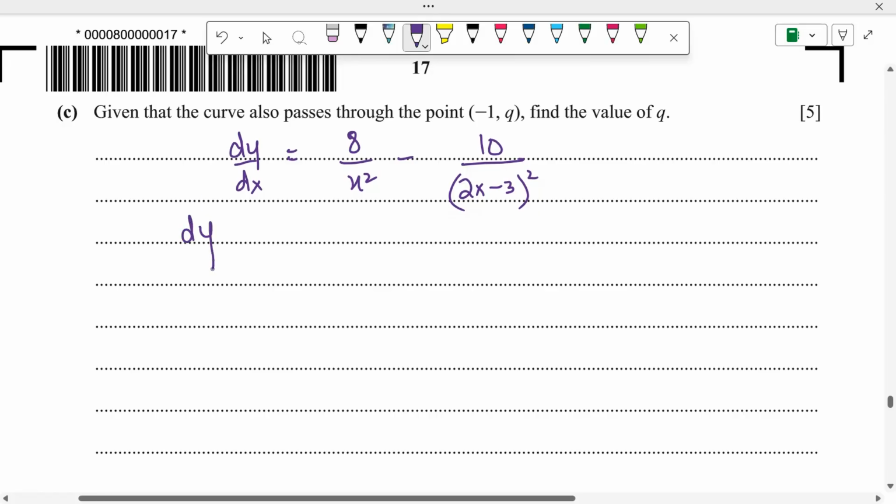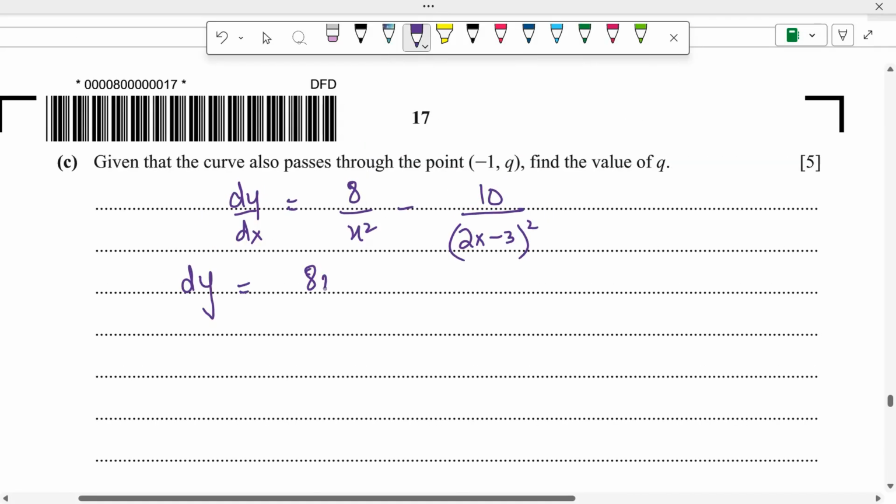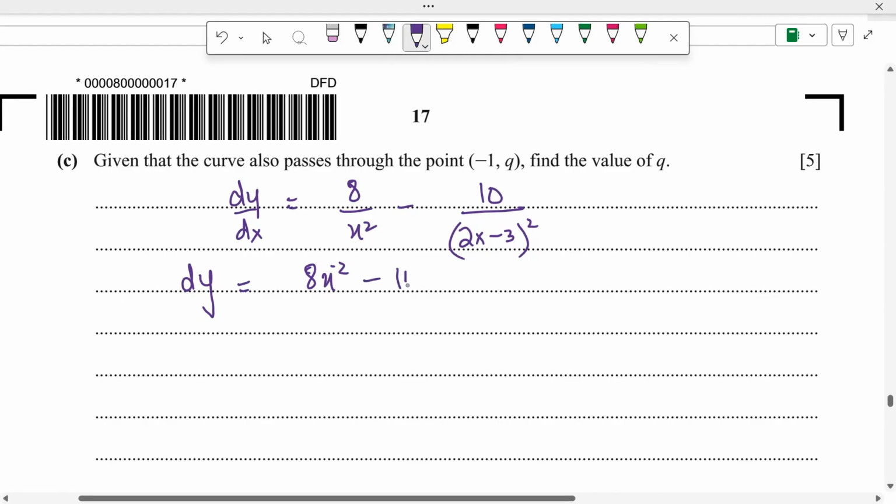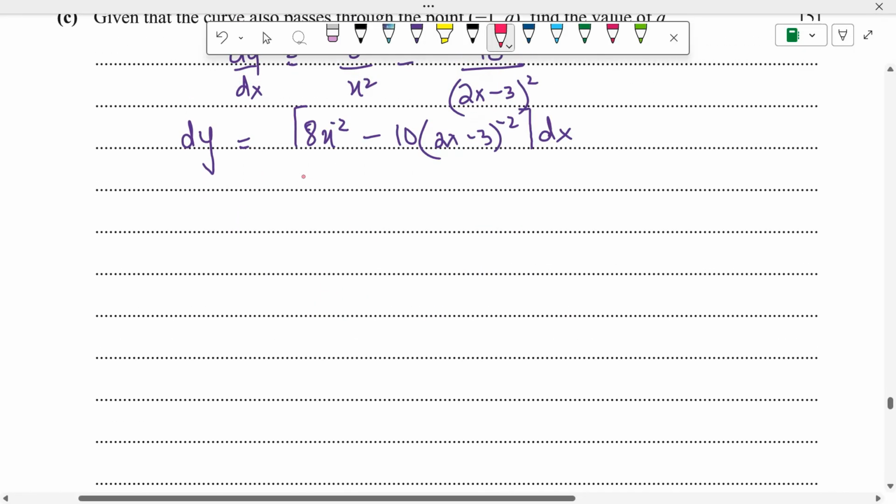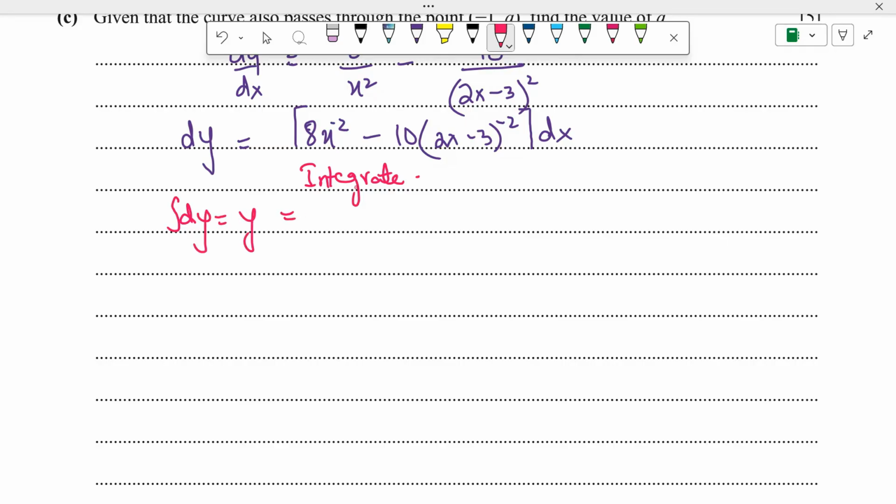So we can find the equation of the curve by using integration. So dy is equal to 8x to the power of negative 2 minus 10 (2x minus 3) whole power negative 2, with respect to dx. So integrate both sides. Integration of dy is y, which is equal to the integration of 8x to the power of negative 2 minus 10 times (2x minus 3) to the power negative 2 with respect to dx.